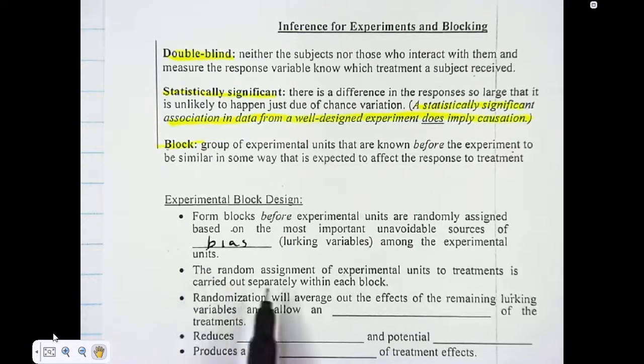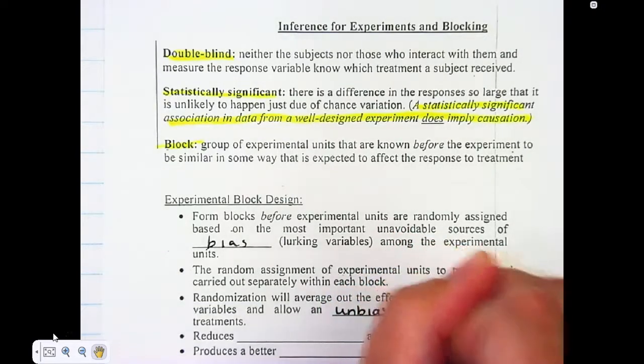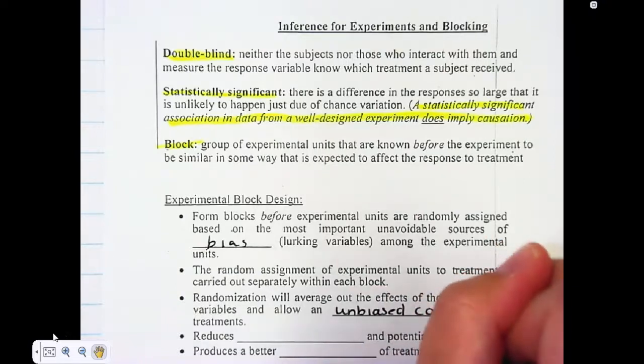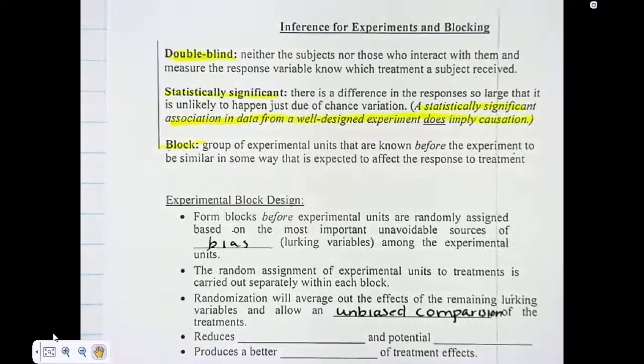Okay, the next thing, the random assignment of experimental units to treatments is carried out separately within each block. Okay, so within each block, people would be getting both treatments. Randomization will average out the effects of the remaining lurking variables and also allow unbiased comparison of the two treatments.